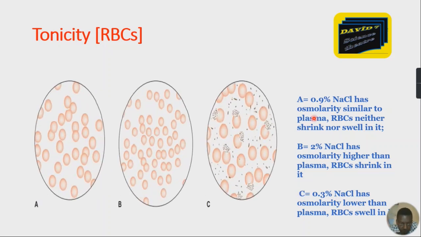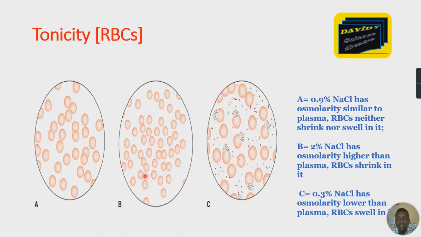If you look at this, when you have red blood cells and you place them in an isotonic solution, you see they are just the same size. They don't shrink, they don't swell. When you place them in B, which is hypertonic, the cells become smaller.